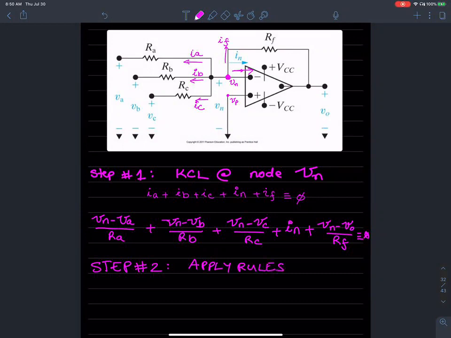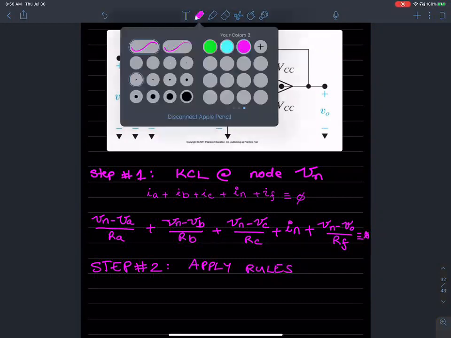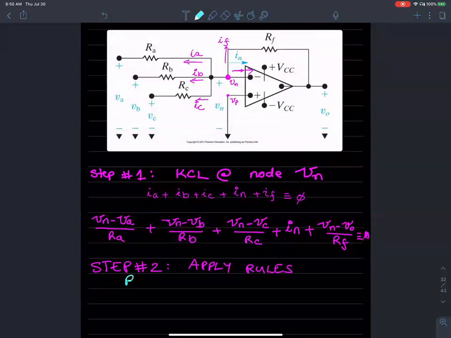There are 2 rules, right? OpAmp problem solving is all about applying those rules. You apply the same rules over and over and over again. What are the 2 rules? Rule number 1 was the virtual short. And then rule number 2 is that the current is 0.